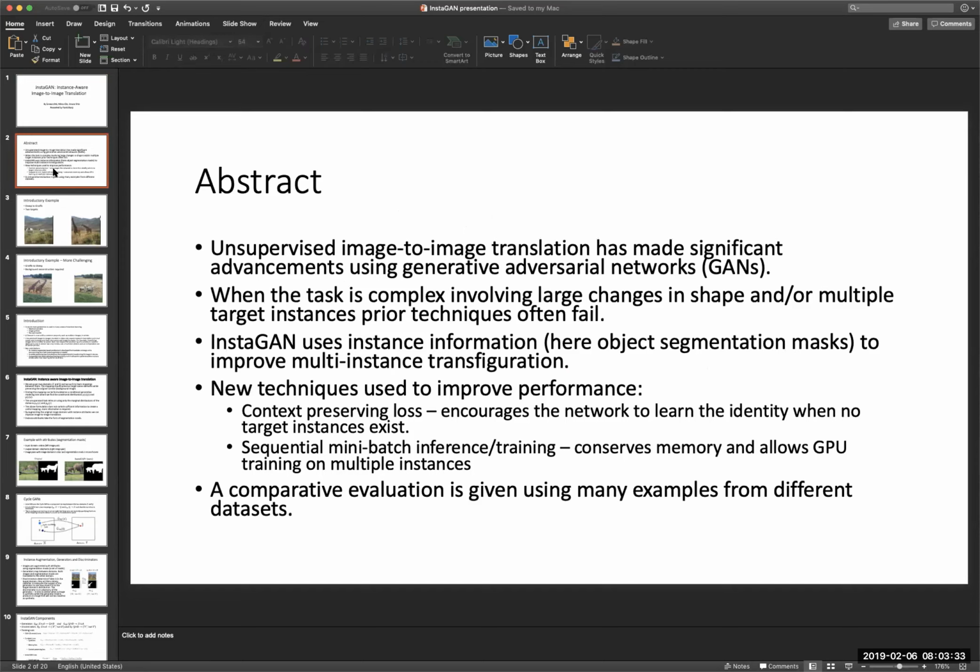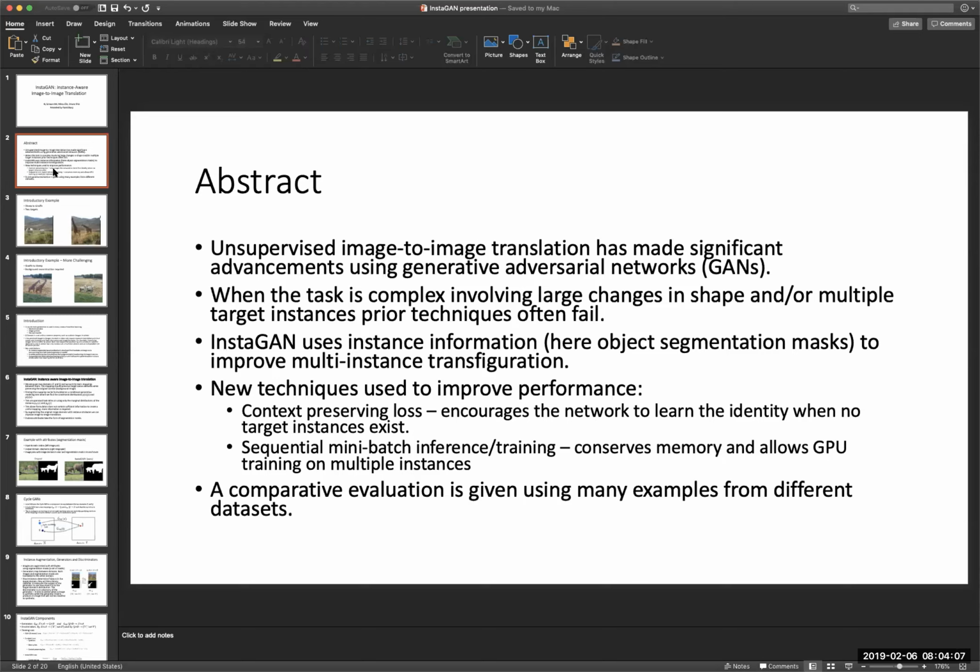It's a little terse, but we'll talk in detail about all the terms that are presented on this slide later. Unsupervised image-to-image translation has made significant advancements using generative adversarial networks, which is abbreviated as GANs and pronounced GANs.